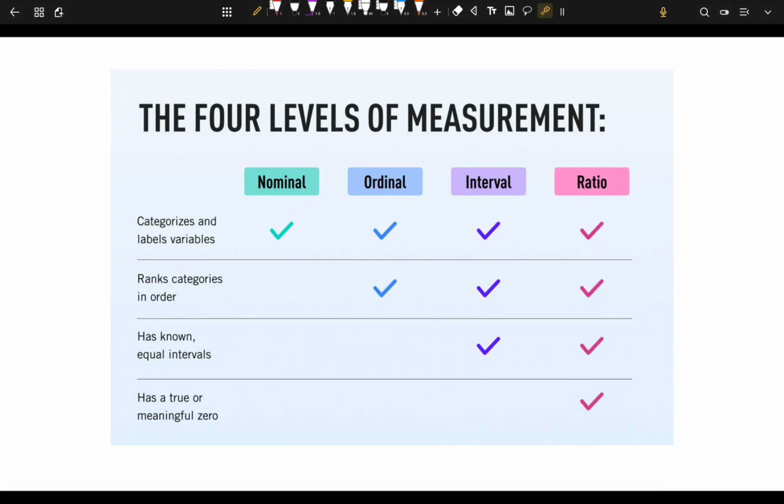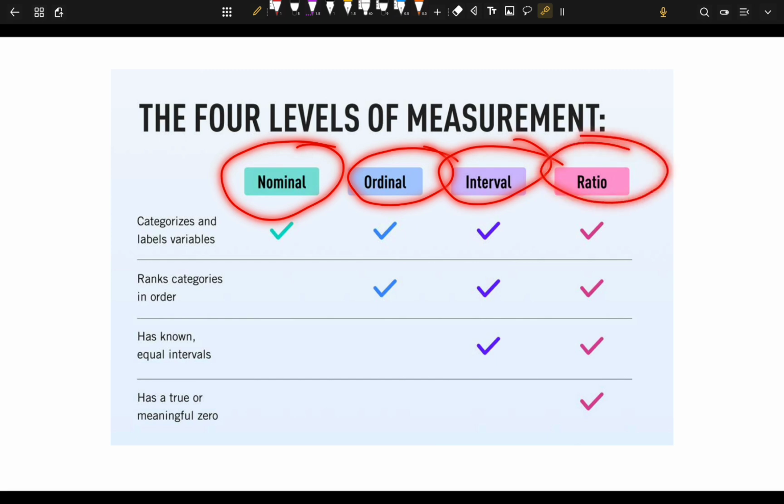Ito yung 4 levels of measurement natin, or yung scales of measurement. It's just the summary ng ating scales of measurement. Again, meron tayong 4 na scales of measurement na ginagamit natin para ma-analyze yung ating mga data. We have the nominal, ordinal, interval, and yung ating ratio.